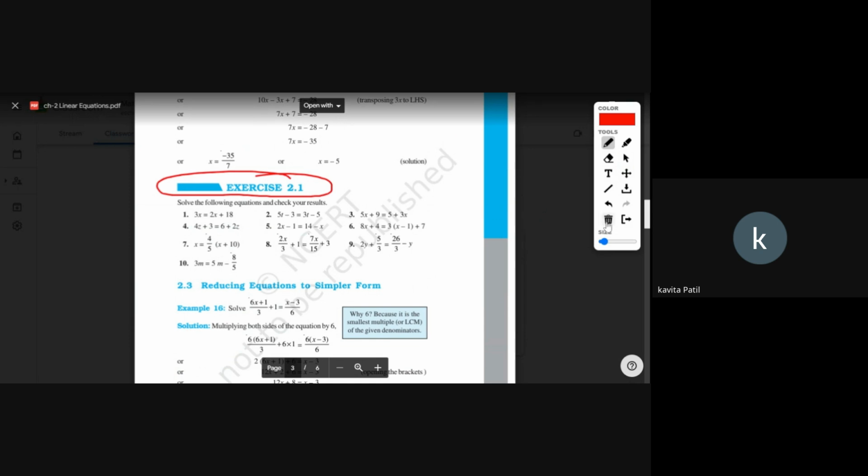Yes, sir. You should try this exercise. These are simple equations. The variable can be on both sides. So you take the variable on one side and then solve it using inverse of BODMAS. I mean in the opposite direction. So this is your homework. Try to solve these questions. These are very simple.